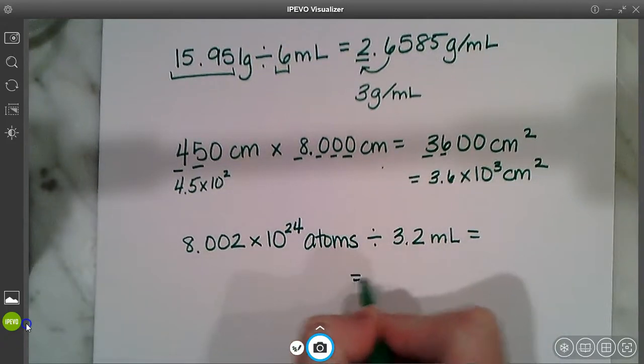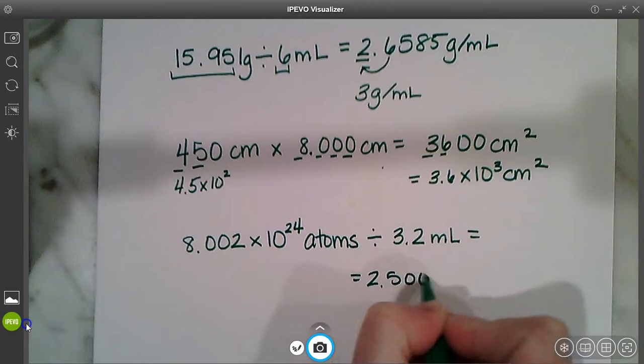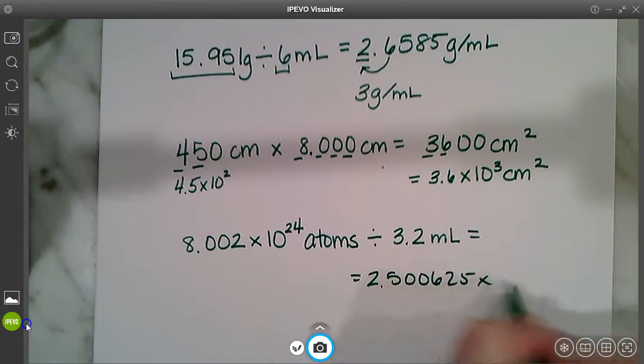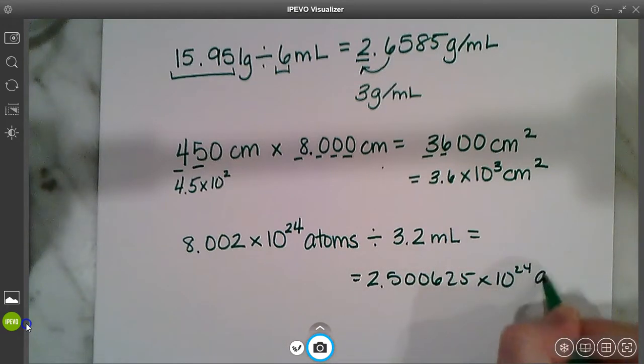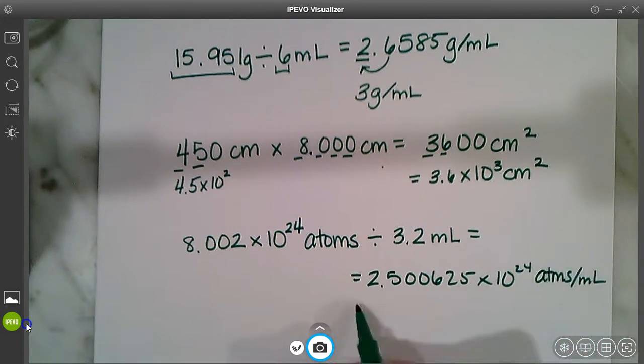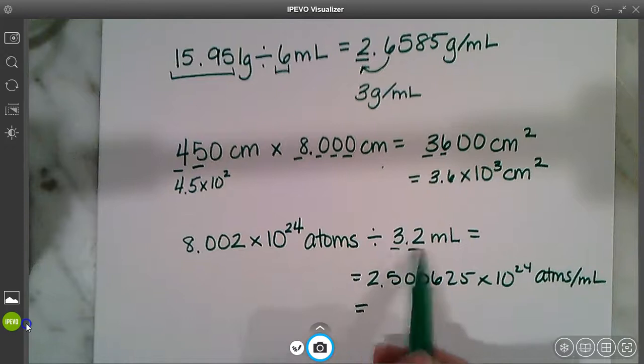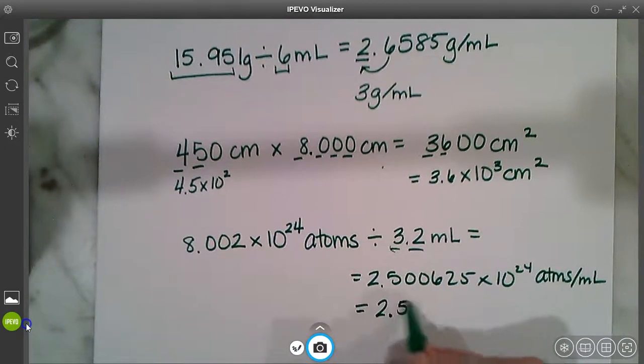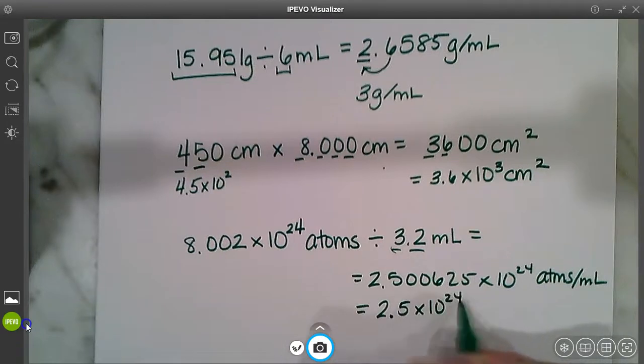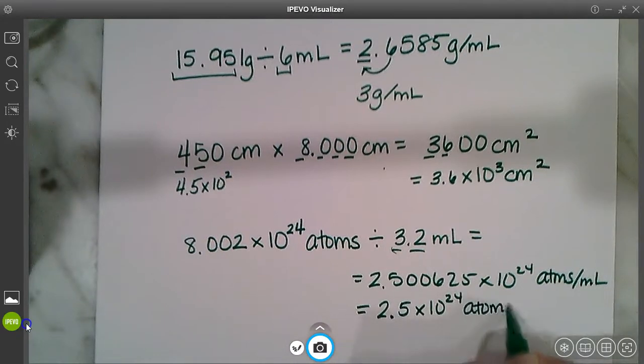This is going to give me 2.500625 times 10 to the 24th atoms per milliliter. So then I only get to keep 2 sig figs, because this has 2, this has 4, so this is 2.5 times 10 to the 24th atoms per milliliter.